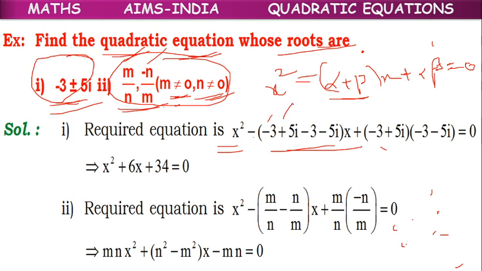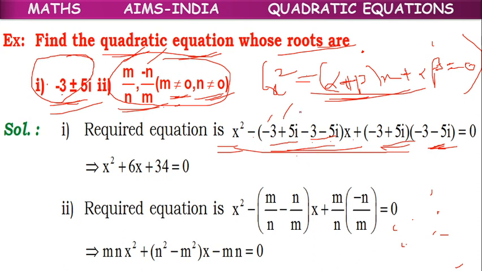Minus 3 plus 5i and minus 3 minus 5i. This is one root, this is another root; both we have to add. Plus alpha into beta, both we have to multiply. So in this form we have written with the help of the given roots.